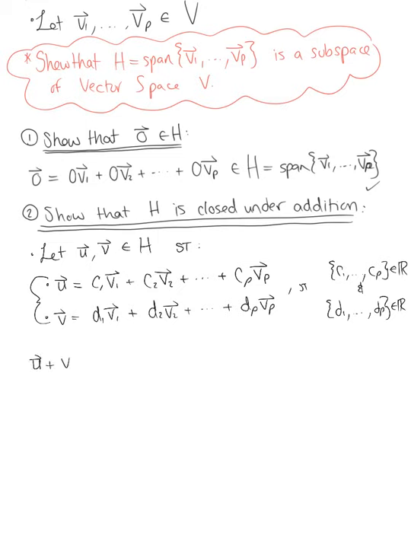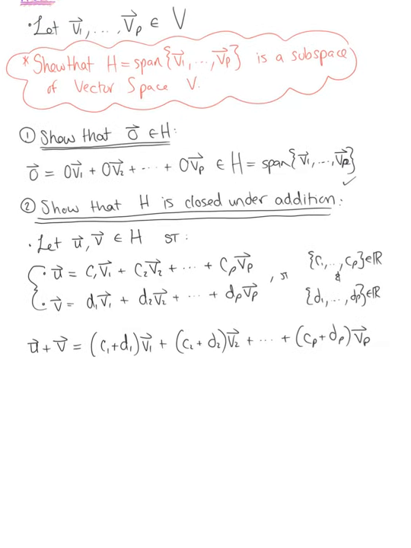And to show that H is closed under addition, we take the sum. So I have vector u plus vector v, which we are able to rewrite as c sub 1 plus d sub 1 times vector v sub 1, plus c sub 2 plus d sub 2 times vector v sub 2, plus all the way up to c sub p plus d sub p times vector v sub p. This is a linear combination of these vectors, and therefore is an element of H, which is the span.